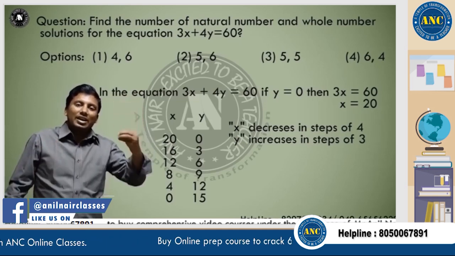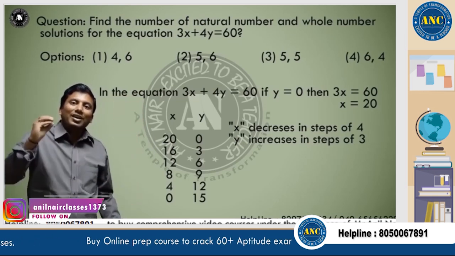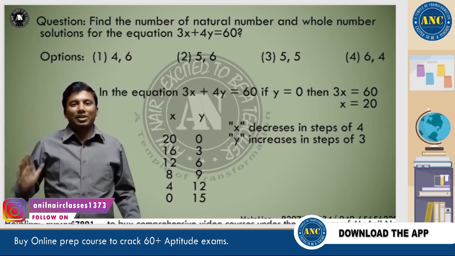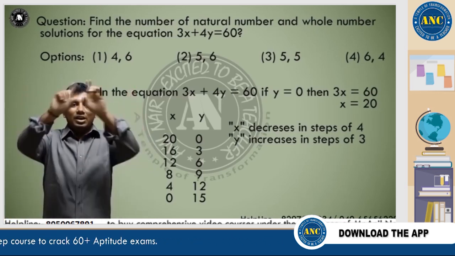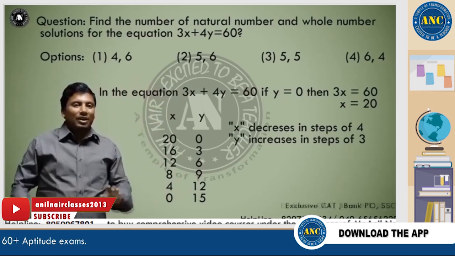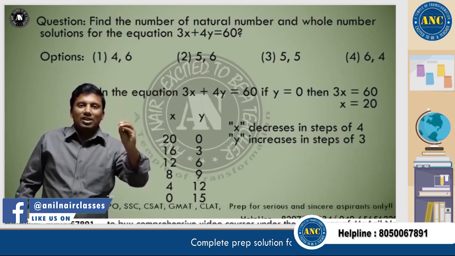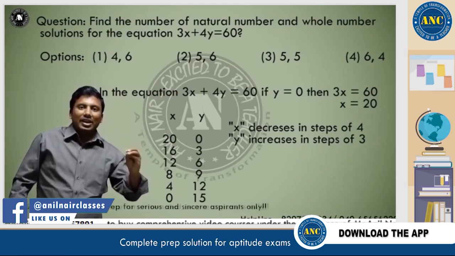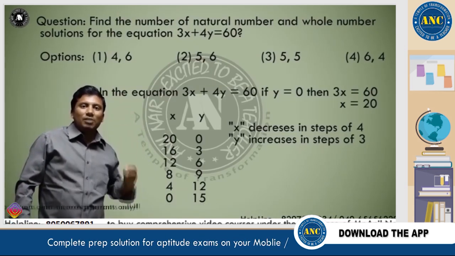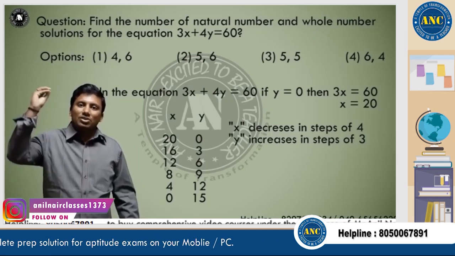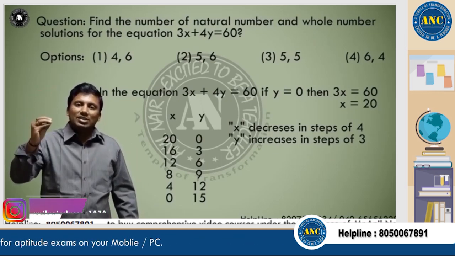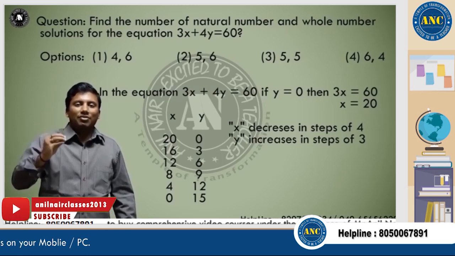So x will decrease in steps of 4, y will increase in steps of 3. If y is 0, x is 20, the complete table can be filled as follows. x will become 20, 16, 12, 8, 4, 0. y will become 0, 3, 6, 9, 12, 15.